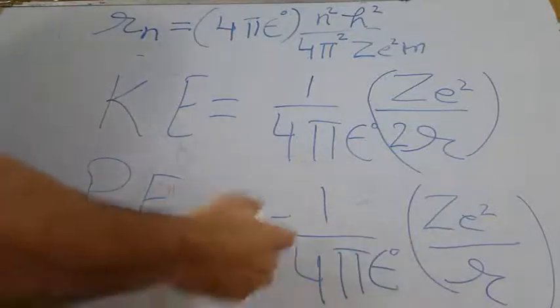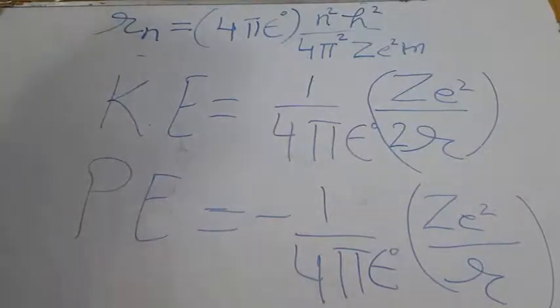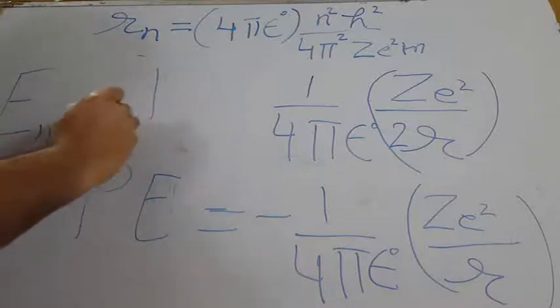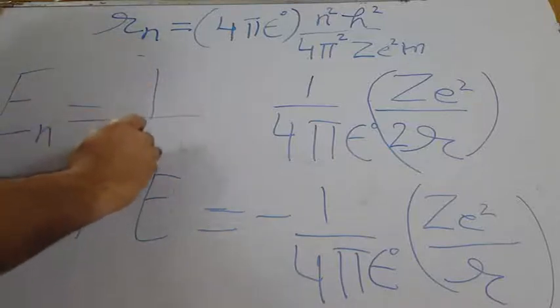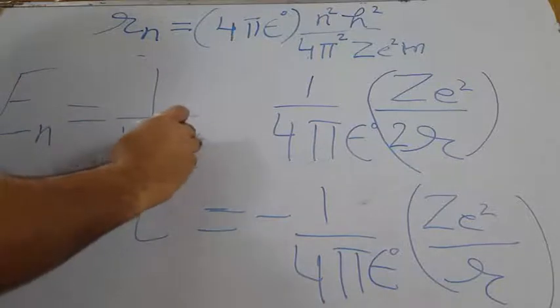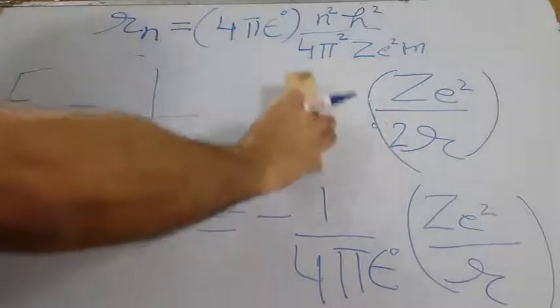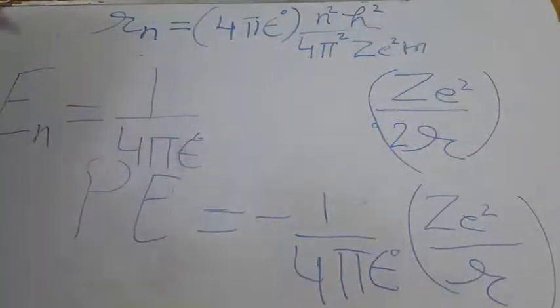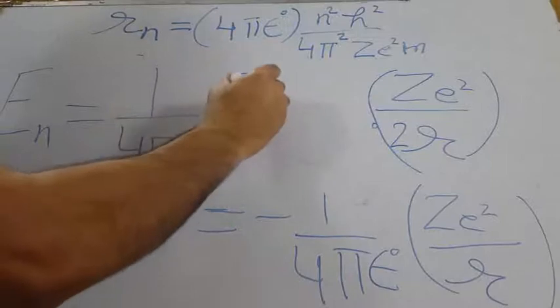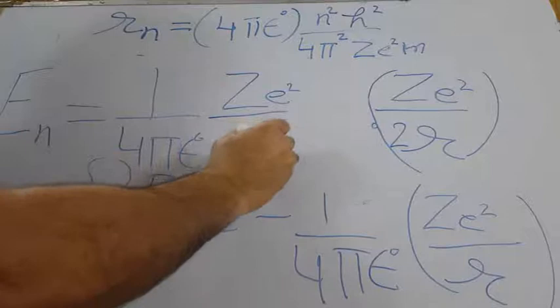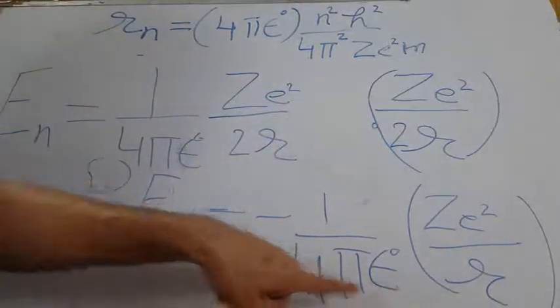If we add this with this, we get the total energy of the electron, and how much that total energy comes out. Energy in the nth orbit of the electron should be equal to 1 upon 4 pi epsilon 0, this kinetic energy we are adding up, Ze square upon 2r, and this.